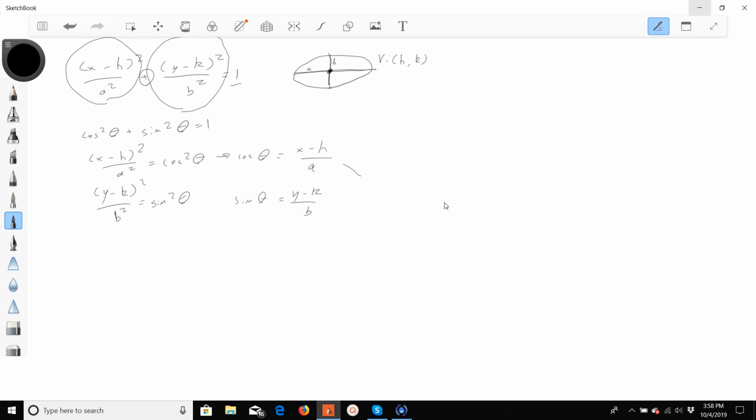So our general parametric representation is x is equal to a cosine theta plus h, y is equal to b sine theta plus k. And so if you actually substituted this in, after all the algebra you'd get that 1 is equal to 1. So you knew your parametric representation is valid.